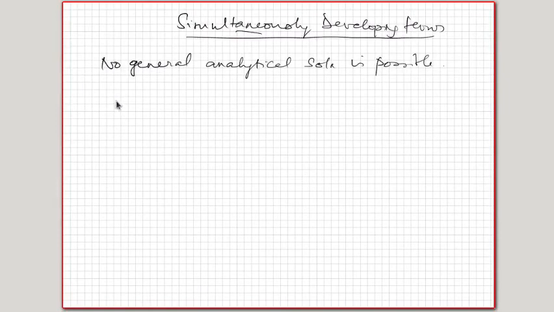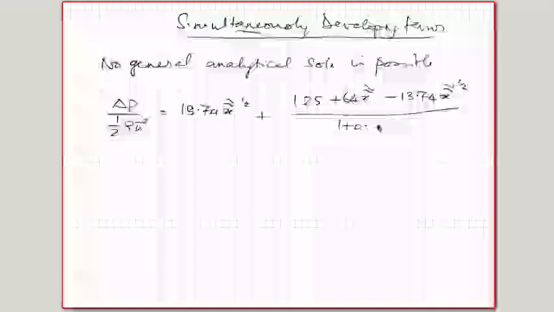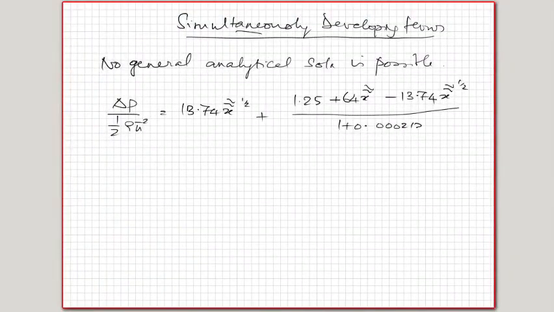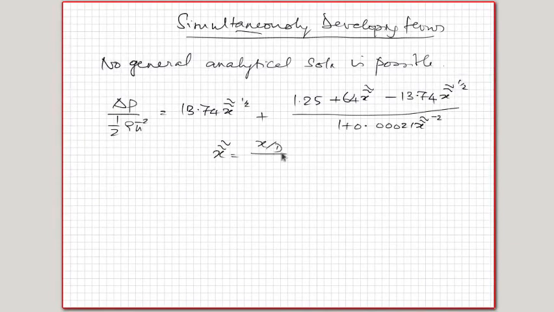So the fluid mechanics solution, delta P divided by half rho u bar squared, is going to be equal to 13.74 times x double tilde, I'll write it as double tilde because this is a slightly different definition, to the power of half, plus 1.25 plus 64 x double tilde minus 13.74 times x double tilde raised to the power of half, the whole thing divided by 1 plus 0.00021 x double tilde raised to the power of minus 2, where x double tilde is nothing but x by d divided by Re_D.